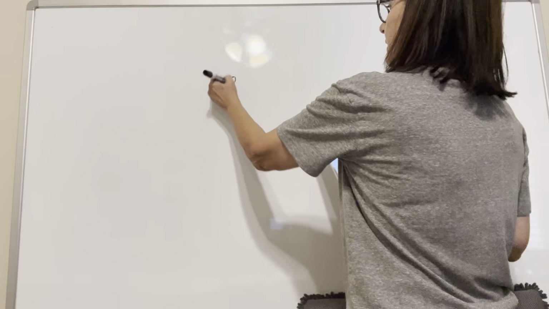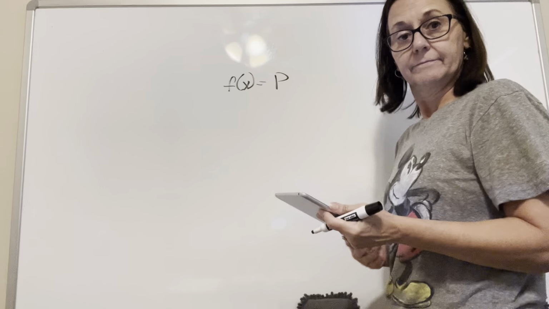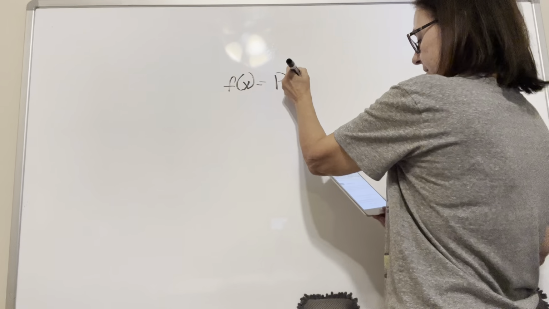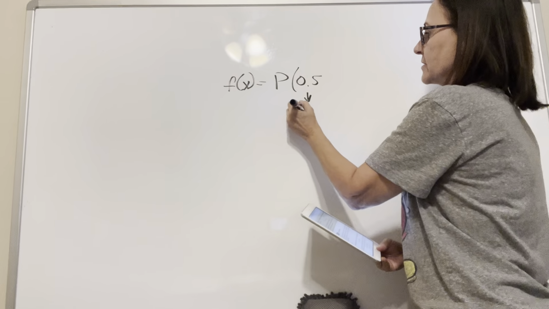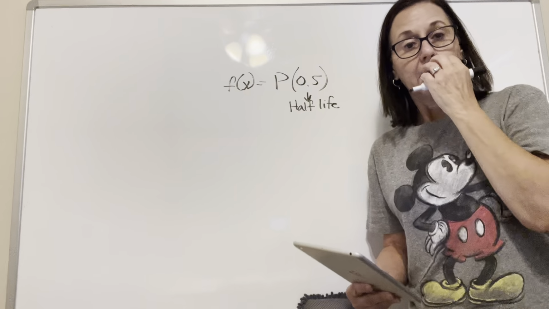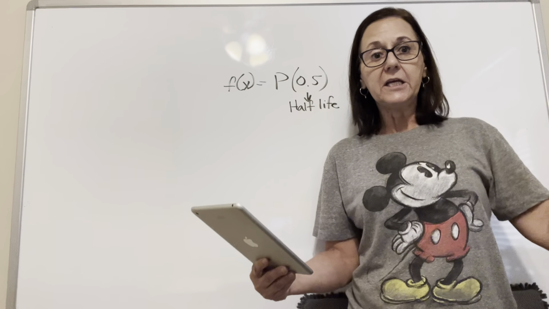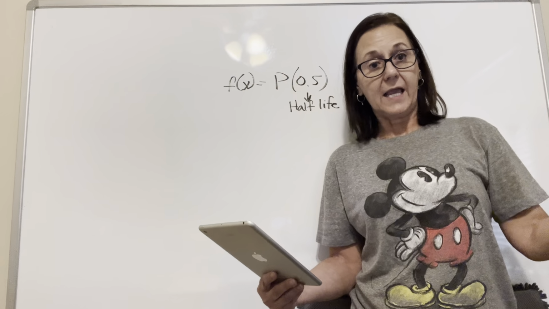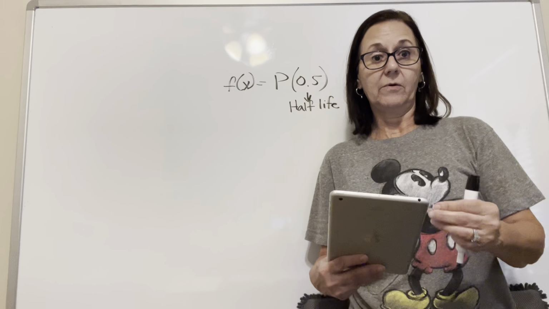Look at the formula. It is on page 352. So here's the function. It's the principal amount times 0.5, because radioactive material has what's called a half-life. And the half-life tells us how many years it takes to have half of that radioactive material left.